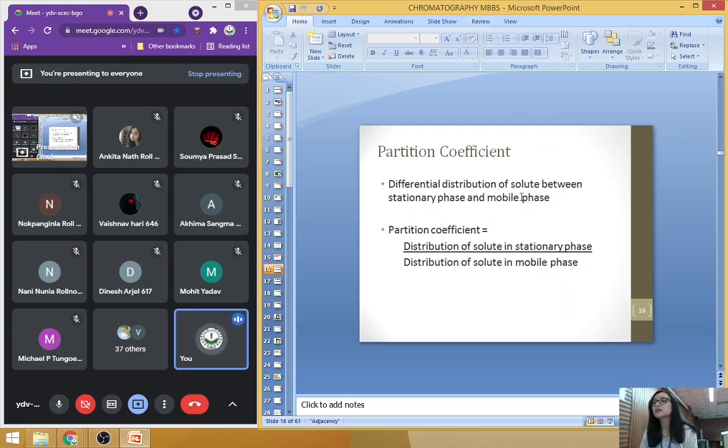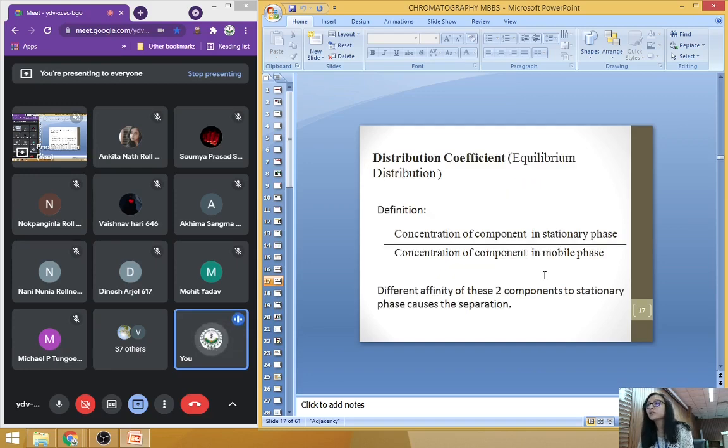Coming to another term known as partition coefficient. What is partition coefficient? It is nothing but the distribution of the solute in the stationary phase divided by the distribution of the solute in the mobile phase. Another one is the distribution coefficient, which is the concentration of the component in the stationary phase divided by the concentration of the component in the mobile phase.